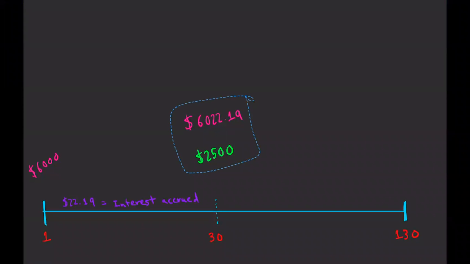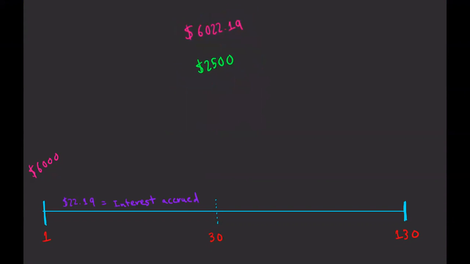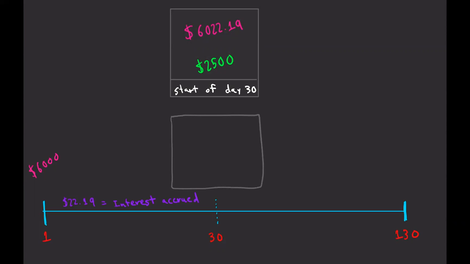Let's go ahead and do this. Let's put this way up here. Let's box this and say start of day 30. And then we'll put in another box here. That's the end of day 30.